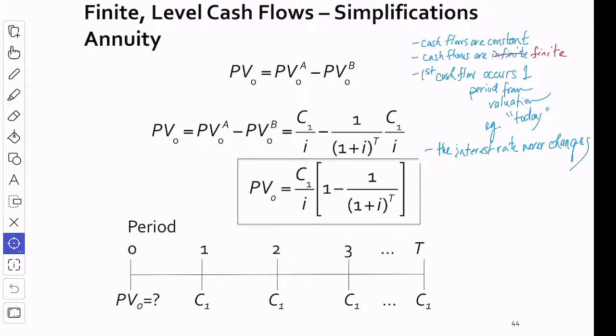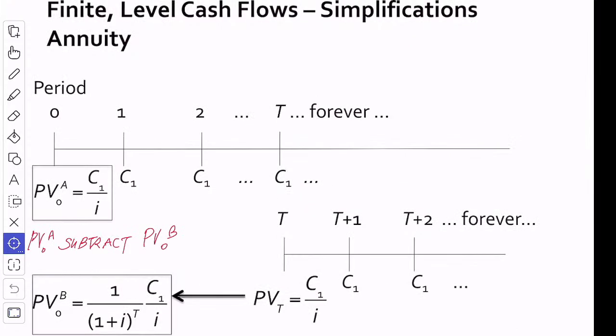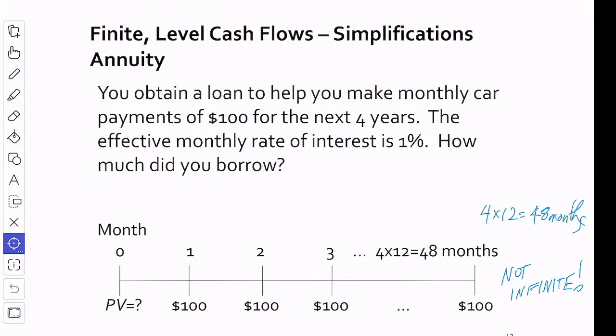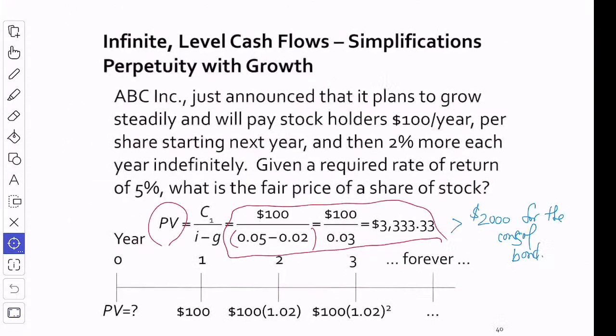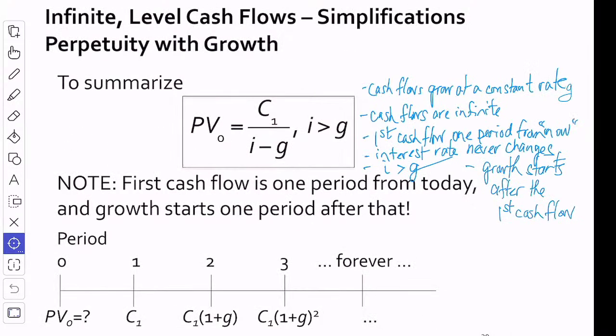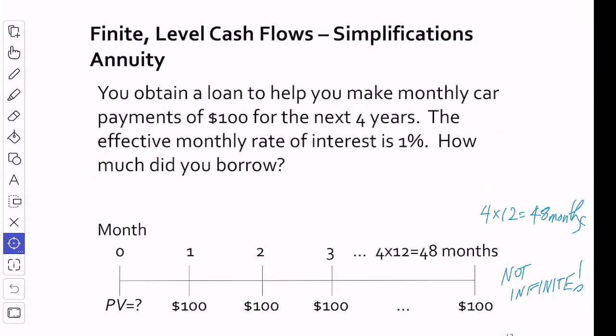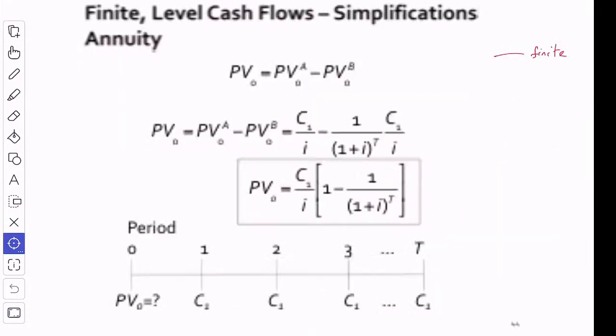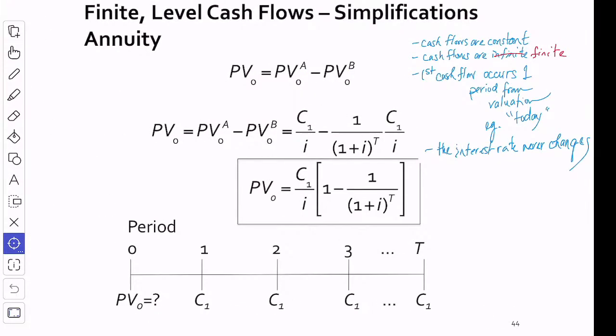Or maybe I should just take the perpetuity. Okay, so remember we talked about these conditions, so make sure you review those. I'll take this one. So these are the conditions for the annuity.